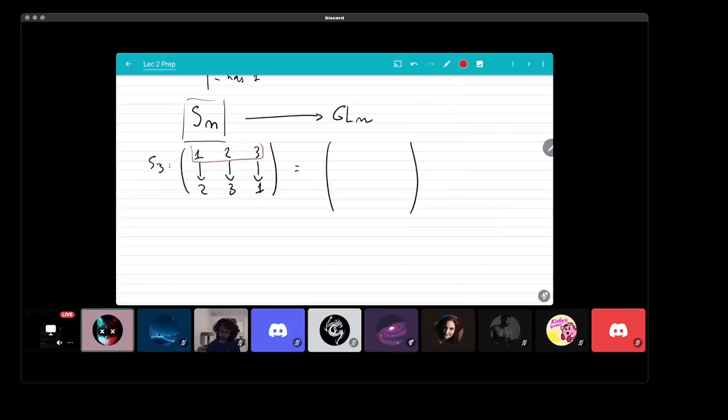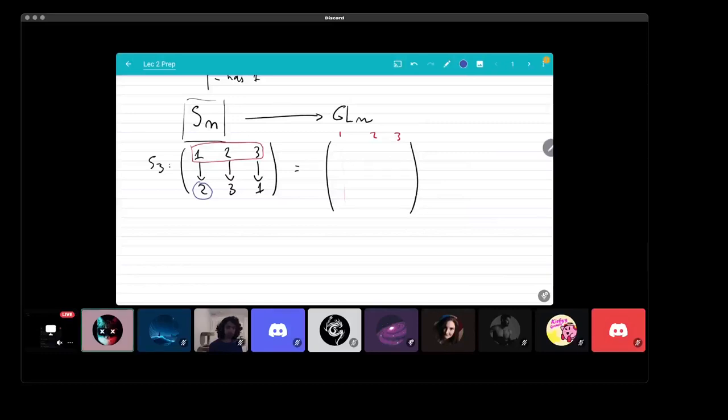So this will index the columns, and for each column the number that it gets mapped to is the index of the line in which we're going to place 1.